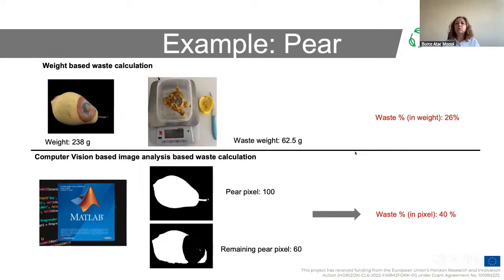But what we can do is relate these two pieces of information to find if this relation can give us a good calibration curve, and to try to estimate if we have an unknown fruit or vegetable with a decayed part in an image.